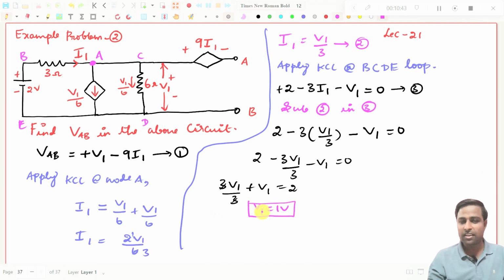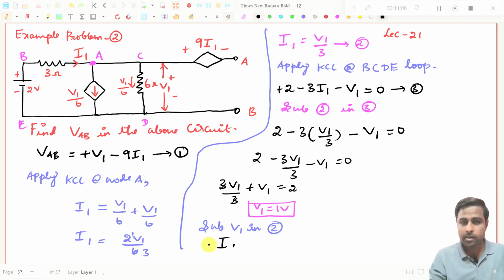So you see, we have found what is V1. So we can substitute this V1. I will write, substitute V1 in expression number 2. So what can I get now?